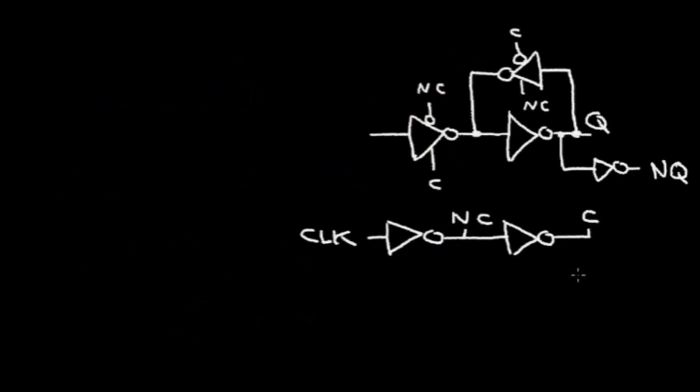Here I've drawn part of the D-Flip Flop circuit. And if you recall from a previous video, this circuit is a latch. It has an input data here that gets transferred to the Q output when the clock signal goes high.